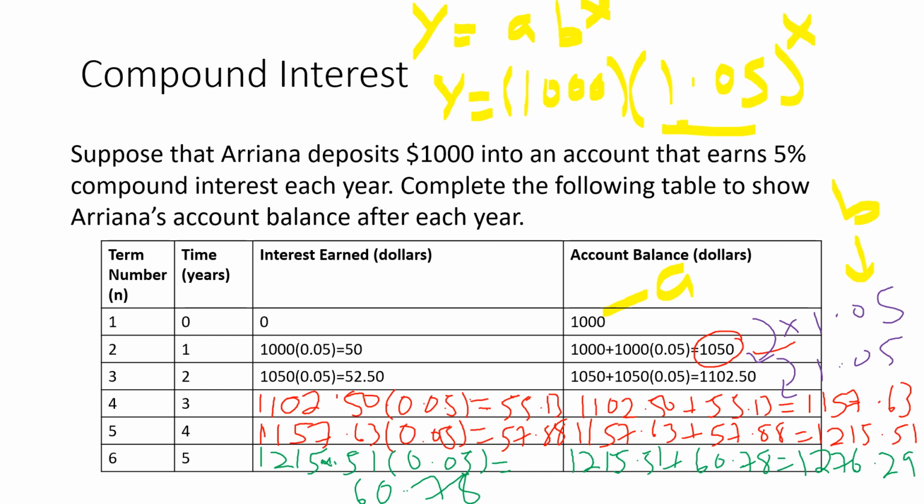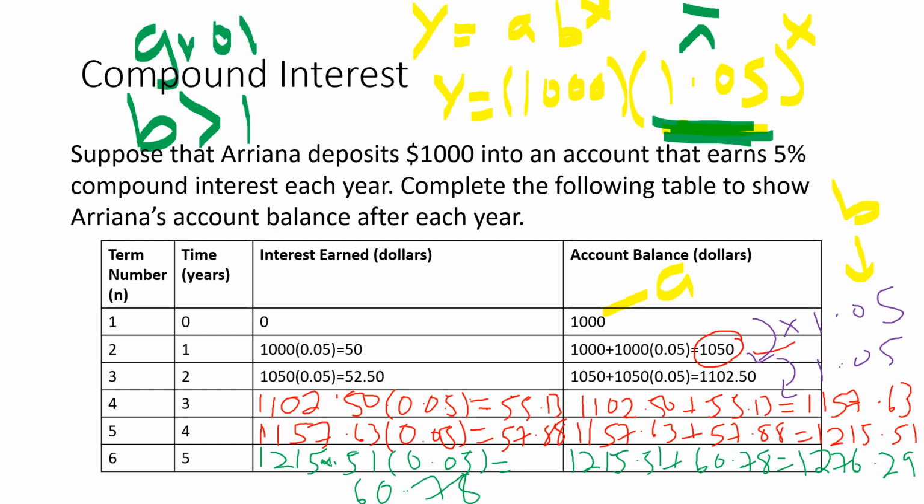You see the b over here? The b is greater than 1. It's a growth. Exponential growth. Increasing. The money is increasing. It's not decreasing.